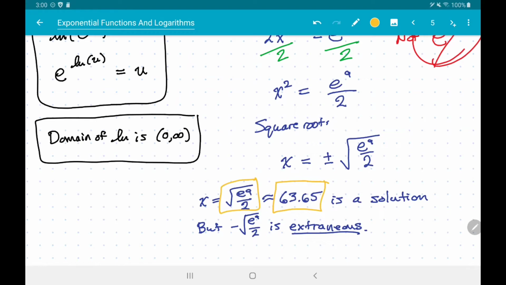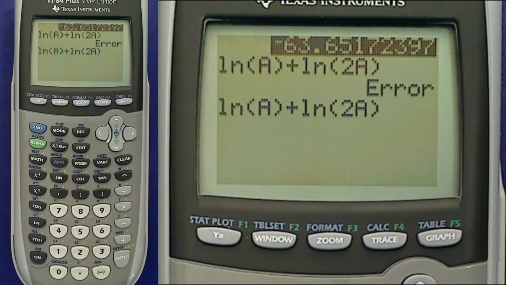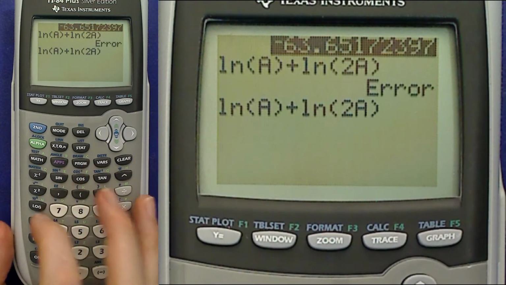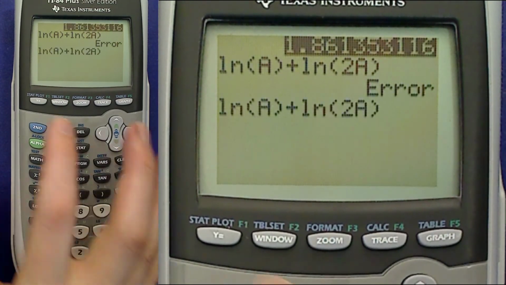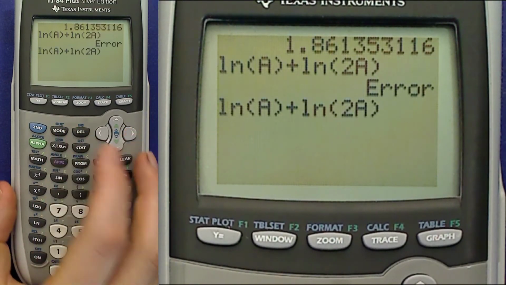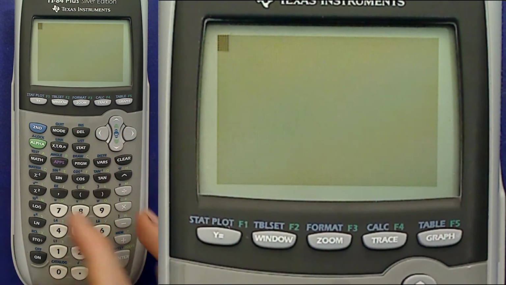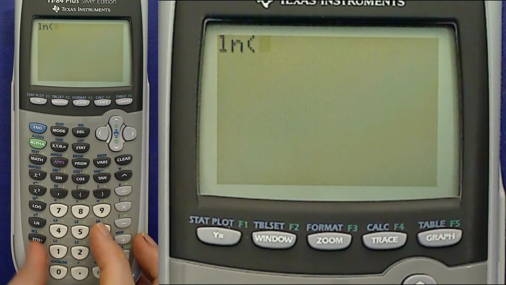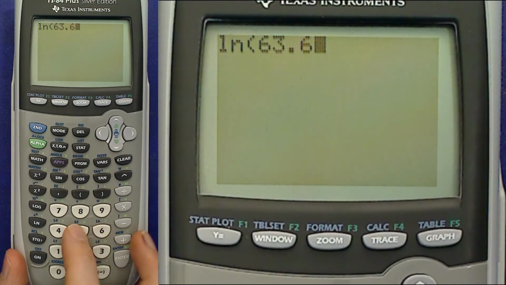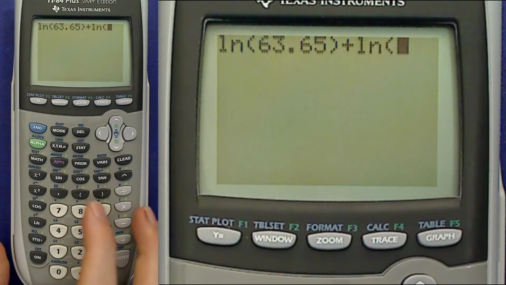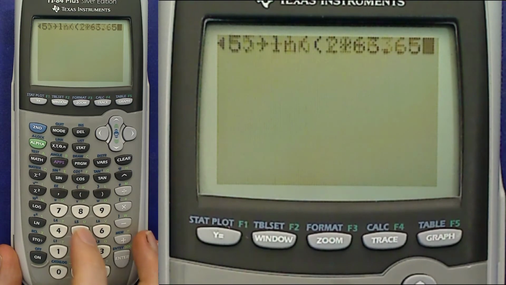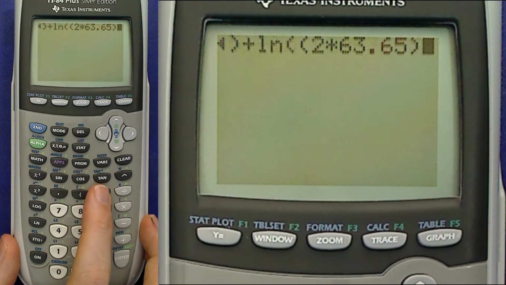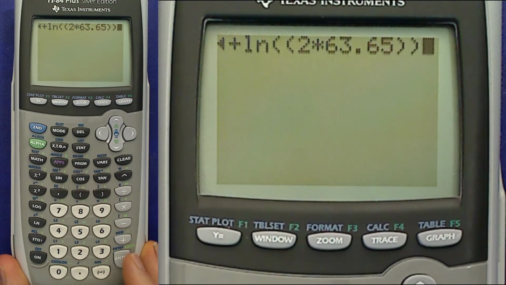Let me also show you again that there are some numerical issues that you have to watch out for. If I type in ln of 63.65 plus ln of 2 times 63.65, the answer will be close to 9, but not exactly.